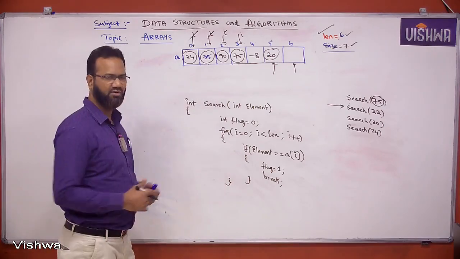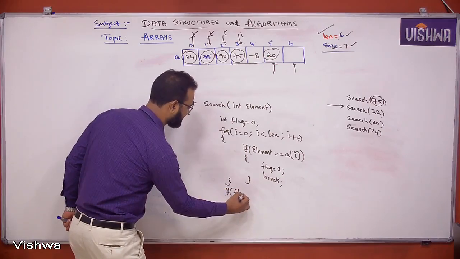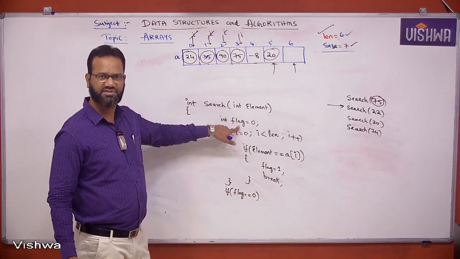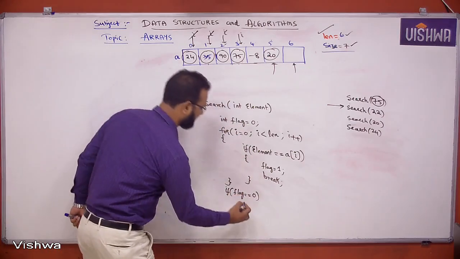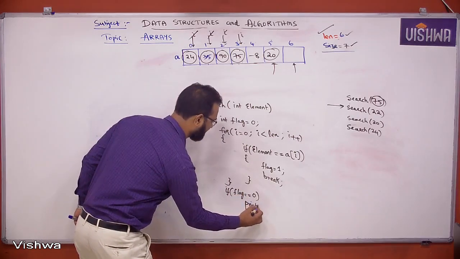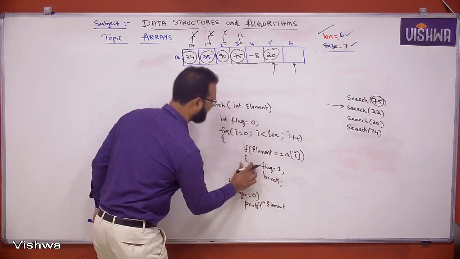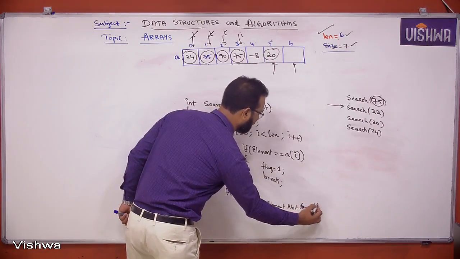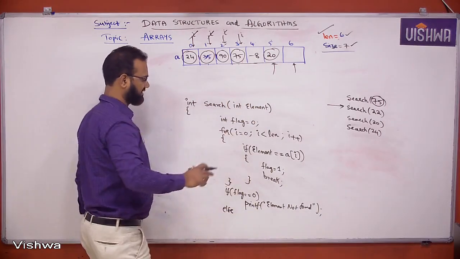Yes, we come out of the loop and we check what the status of the flag is. Does the status of the flag still remain 0? If it still remains 0, that means you give a message that element not found. We haven't entered the block, so element not found here. Otherwise, else means its status is not 0.